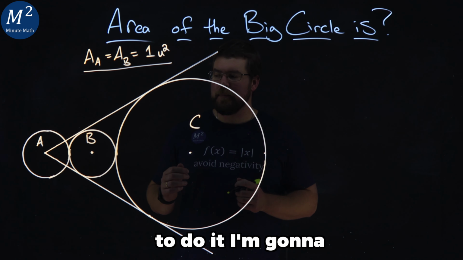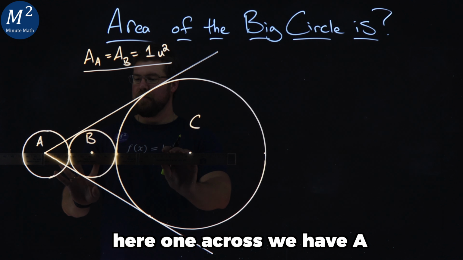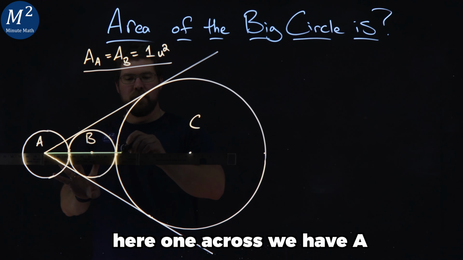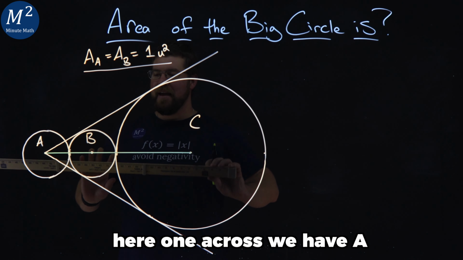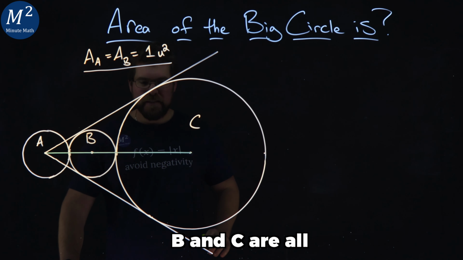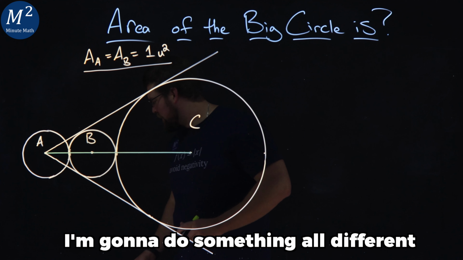I'm gonna connect a line from the center of A, B, and C in that circle. So we have A, B, C, let's go connect a line here. One across. We have A, B, and C are all on a straight line. Now I'm gonna do something a little different.